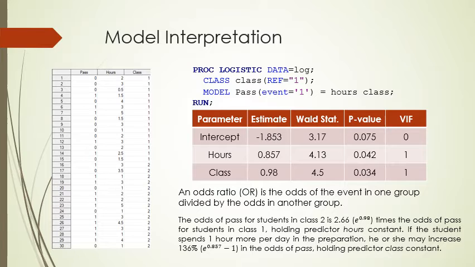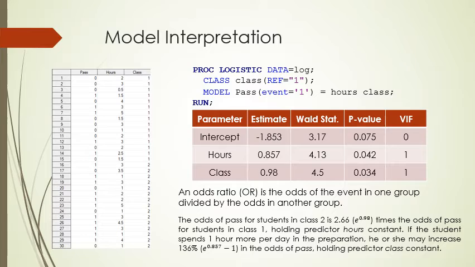The SAS dataset is shown in the left table, and the SAS code is at the right. In the logistic procedure, we model the probability of pass equals to 1, indicated by event equal to 1. Here, we should set class as a class variable, since we should not treat class as a numeric variable.